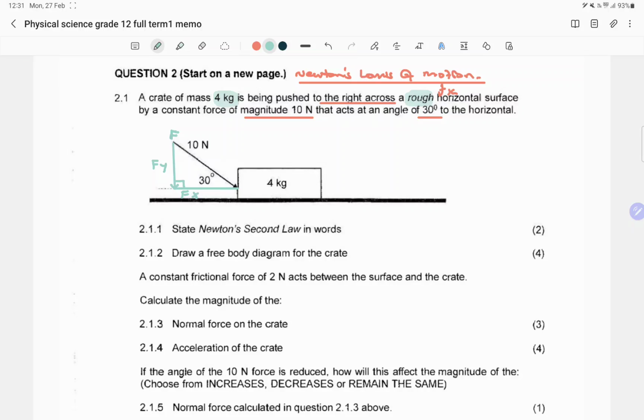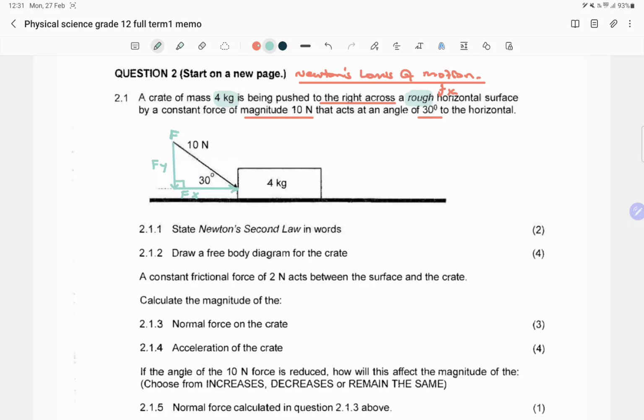That becomes Fx, which is the horizontal component. Always, a force that is not acting horizontally or vertically, just know it is acting indirectly through its components. Those are the most important to make sure you show them.